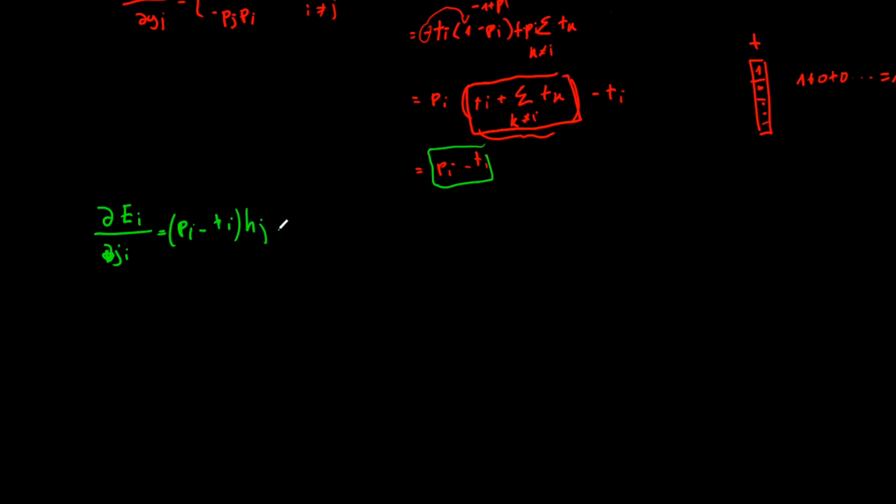And this is the derivative of the cross-entropy loss of one sample with respect to that weight. So if we want to do it for all the samples, the only thing we need to do is average this over all the samples.